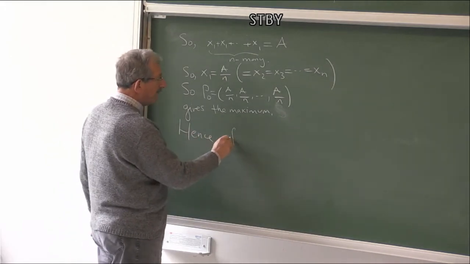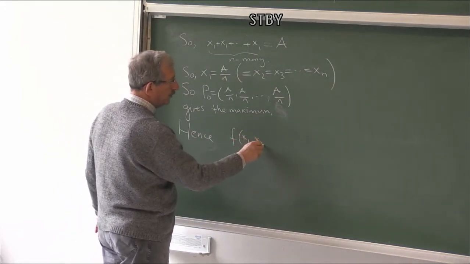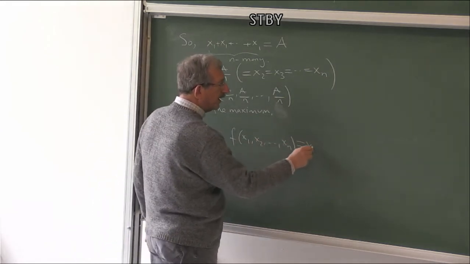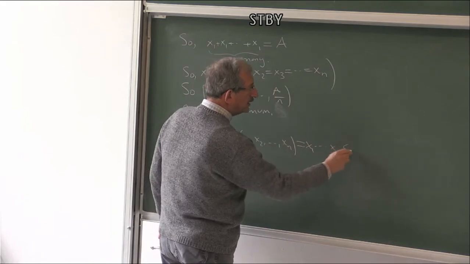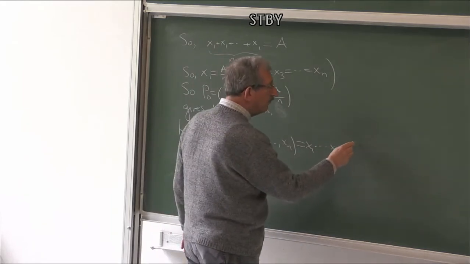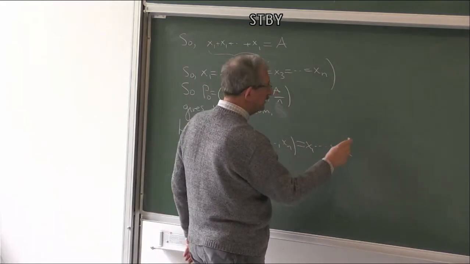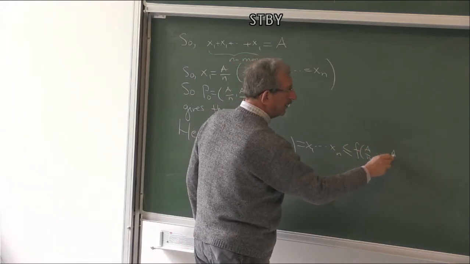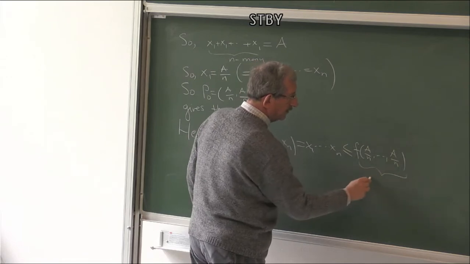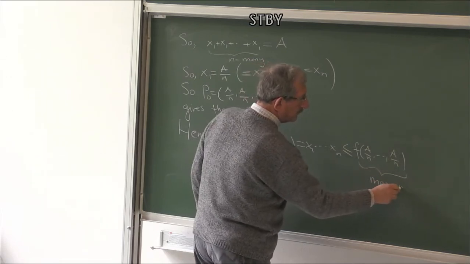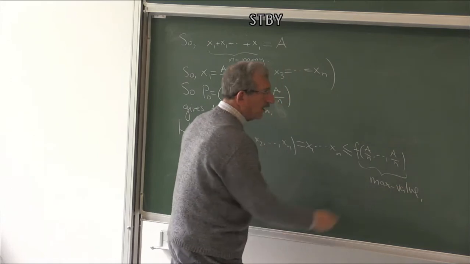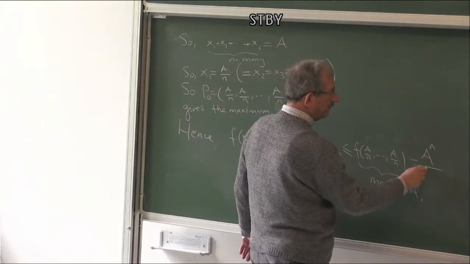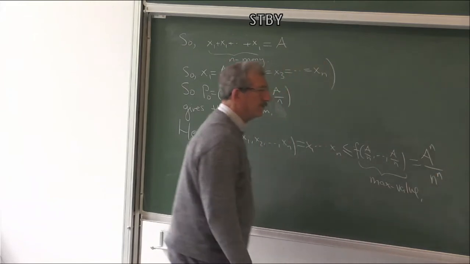Hence, f of x1, x2, ..., xn, which happens to be the product, is smaller than the maximum value, which is f of (A/n, ..., A/n), which, on the other hand, is A to the n divided by n to the n.